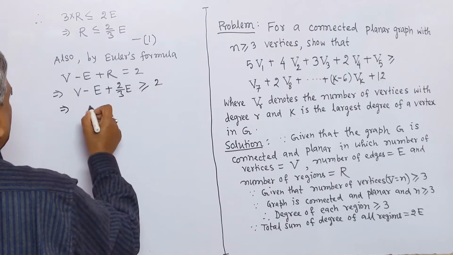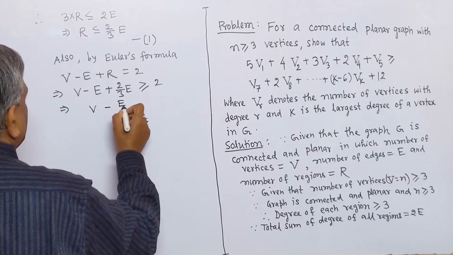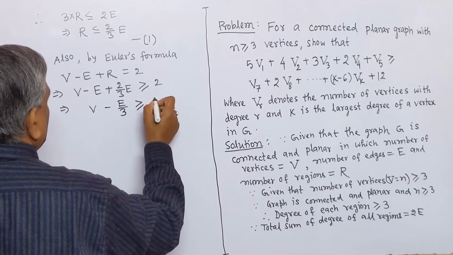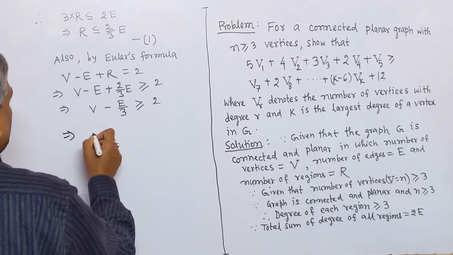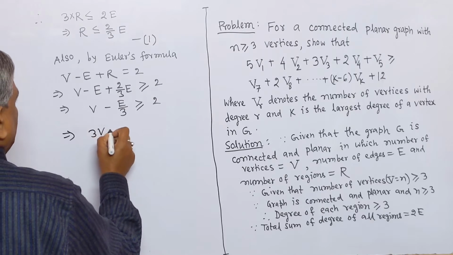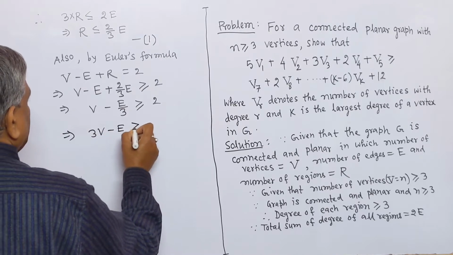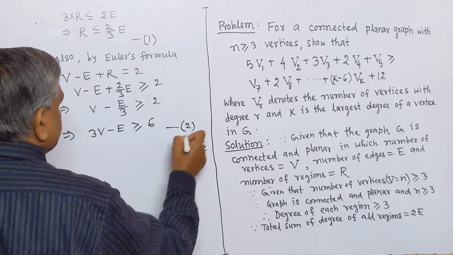This implies that V minus E/3 is greater than or equal to 2, which implies that 3V minus E is greater than or equal to 6. This is number 2.